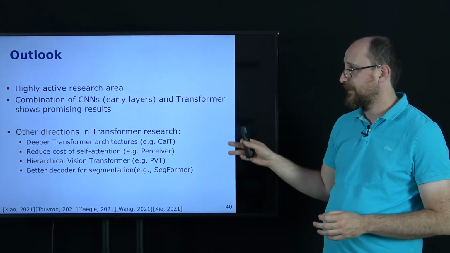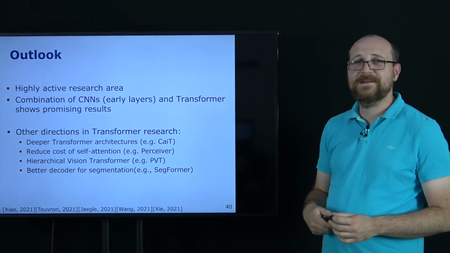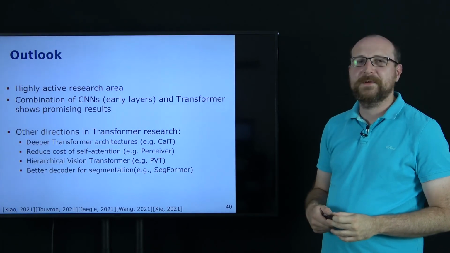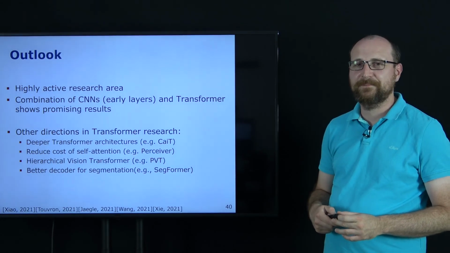But as I said, every week someone else is coming with new ideas and showing that we can go further than the current state of the art with this model in the end.